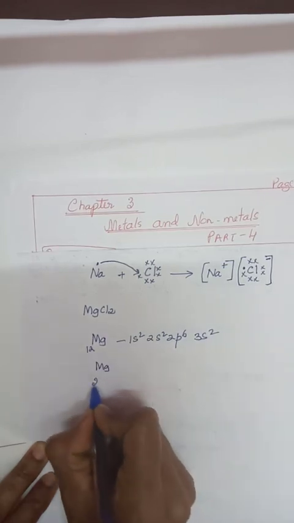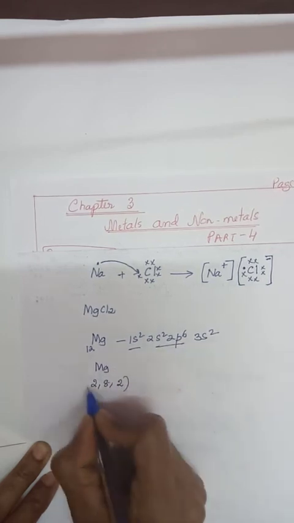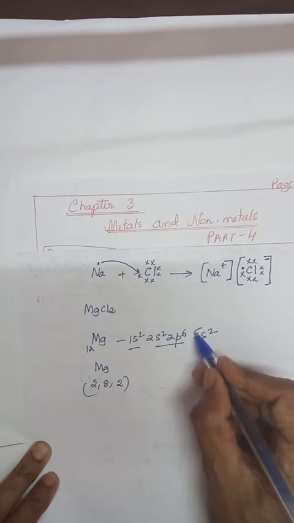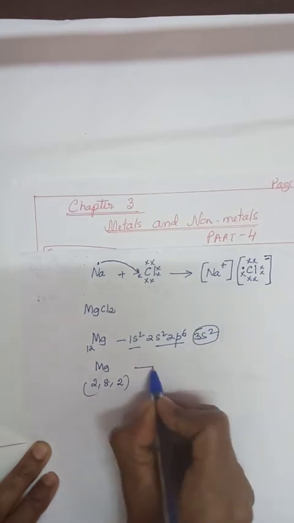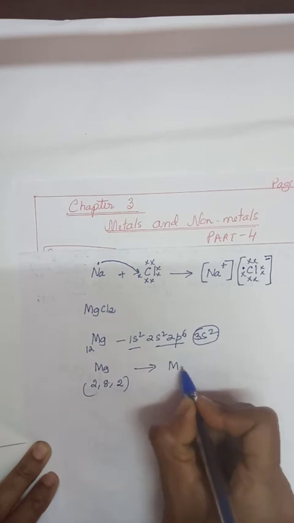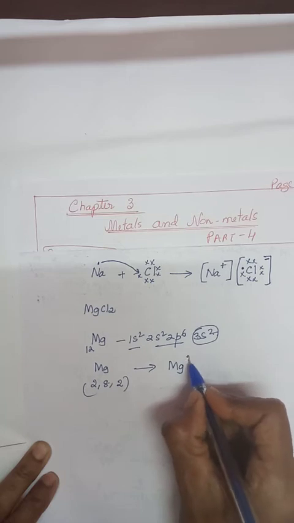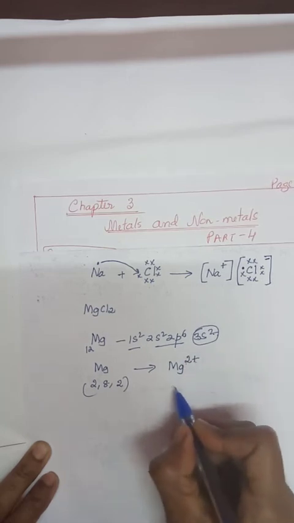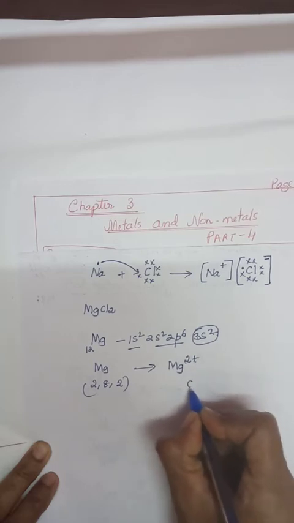Magnesium atom with how many electrons? 2, 8, 2. Magnesium is losing these 2 electrons from the outermost shell, so it becomes a magnesium ion. It is losing how many electrons? 2 electrons. You write 2 plus. As a result of losing the electrons, it becomes a magnesium cation.